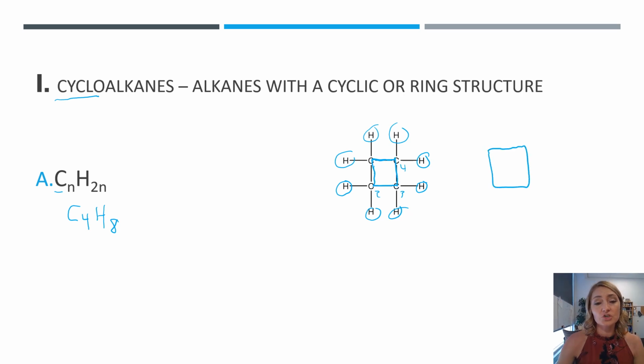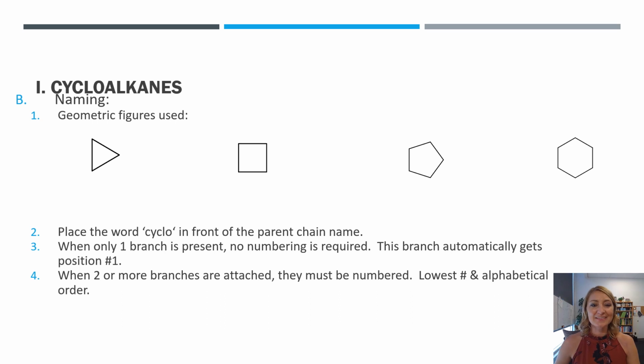So a cyclic structure for this cycloalkane would look like a square, where each of the points, each of the lines that come together, that represents a carbon, and we assume that there are hydrogens completing octets all the way around.